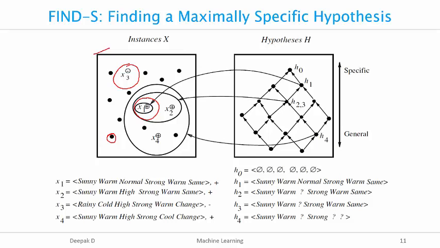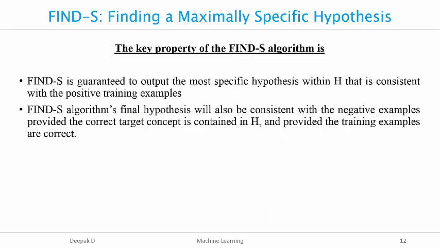At each step, the hypothesis is generalized only as far as necessary to cover the new positive examples. So at each stage, the hypothesis is the most specific one consistent with the training examples observed up to the last point. Here you can see some of the key properties of Find-S algorithm. The first one is that Find-S algorithm is guaranteed to output the most specific hypothesis within the hypothesis space that is consistent with the positive training examples.